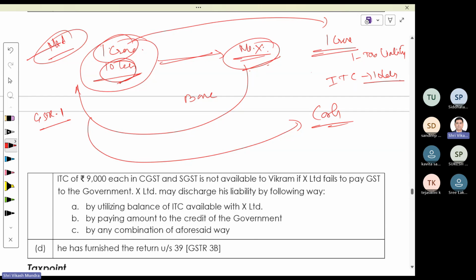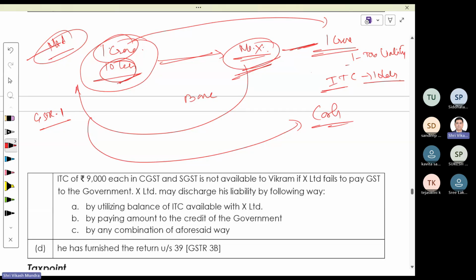The government searched for Mr. A, but is not able to find out where Mr. A is. Now think about Mr. X. He is in a beneficial position. He claimed 1 crore deduction in income tax and saved a lot of money. He also saved through ITC. Through this mechanism, a big fraud happened in India.